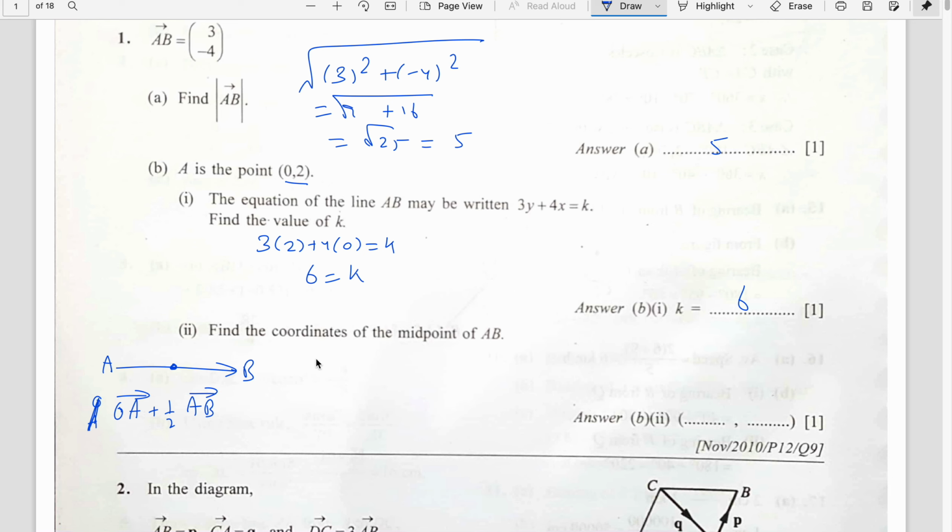So OA is (0, 2) plus half of AB, (3, -4). This is (0, 2) plus (1.5, -2). So the result of which is (1.5, 0). There are other methods too.